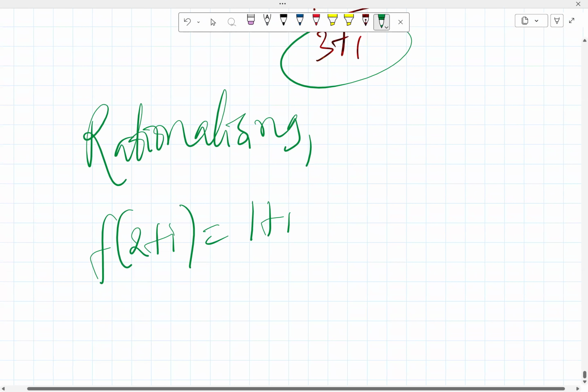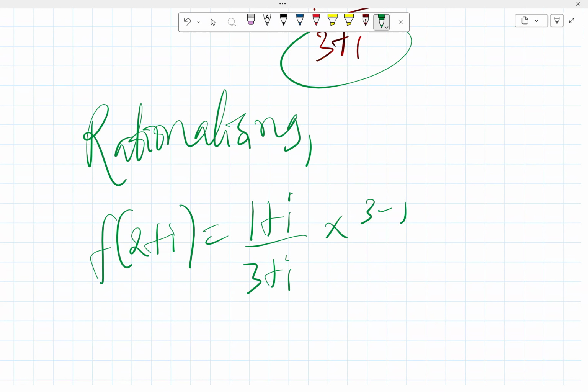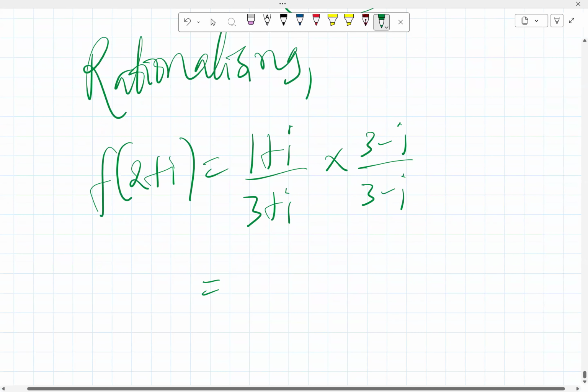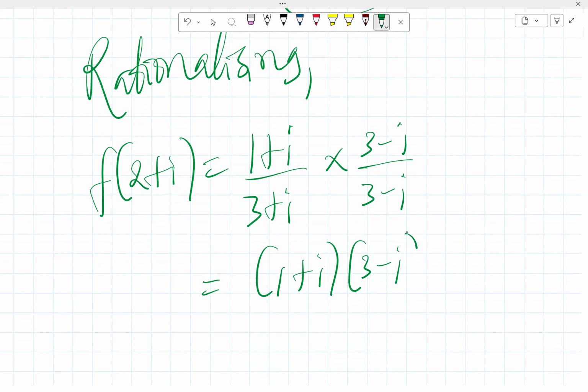So we have 1 plus i all over 3 plus i, multiplied by 3 minus i all over 3 minus i. The deal is that 3 minus i over 3 minus i is 1, and when you multiply anything by 1, nothing changes technically. So this is now 1 plus i times 3 minus i up there, and 3 plus i times 3 minus i down here.